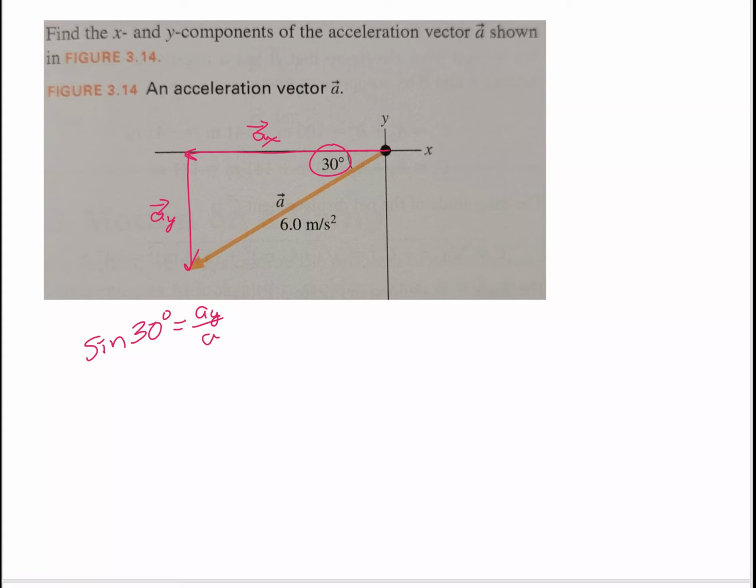I could have said theta here instead of 30 degrees since we're using letters right now. Then I solve for A sub y, which means I multiply by A. So I have A sub y equals A sine 30 degrees. A is 6 meters per second squared, sine 30 degrees.